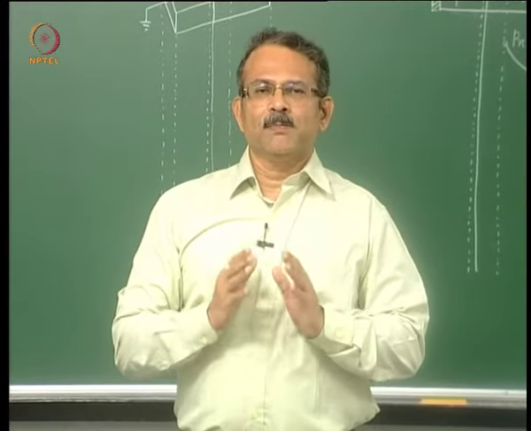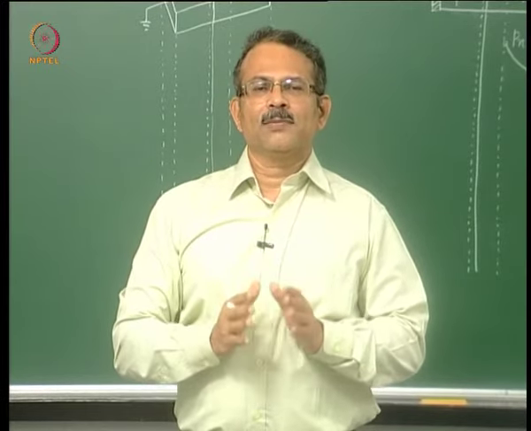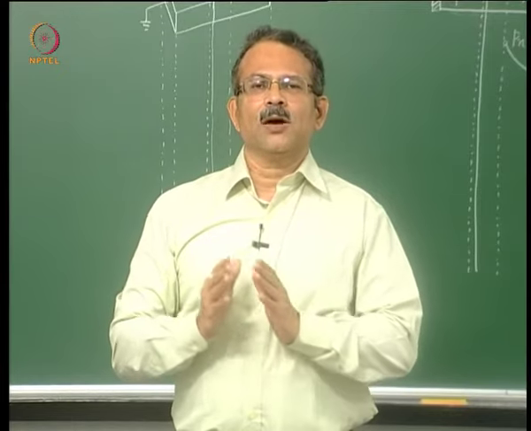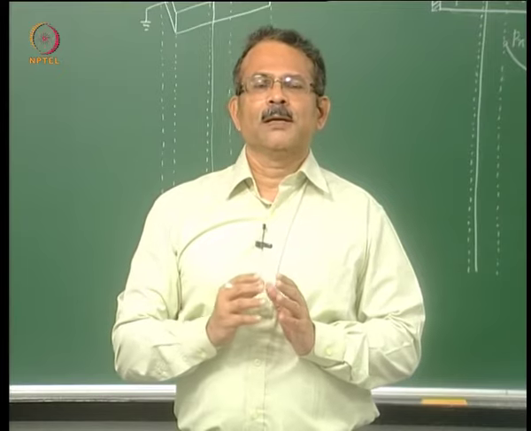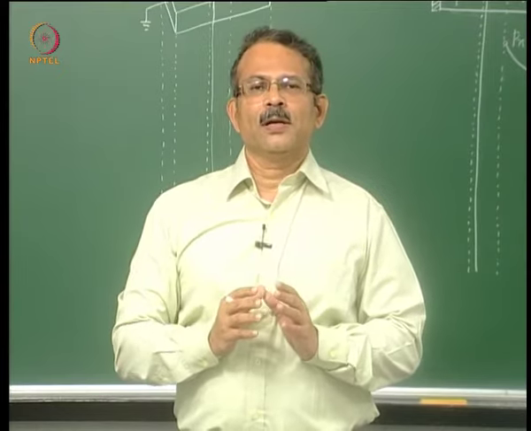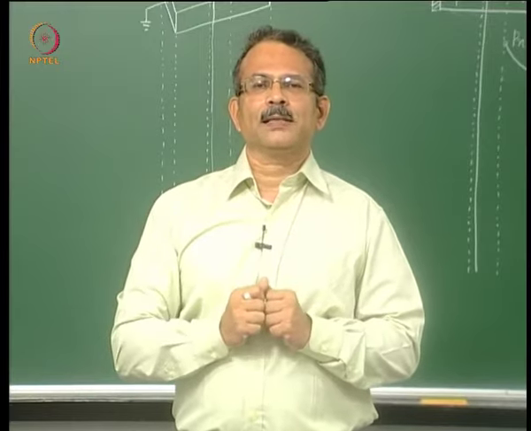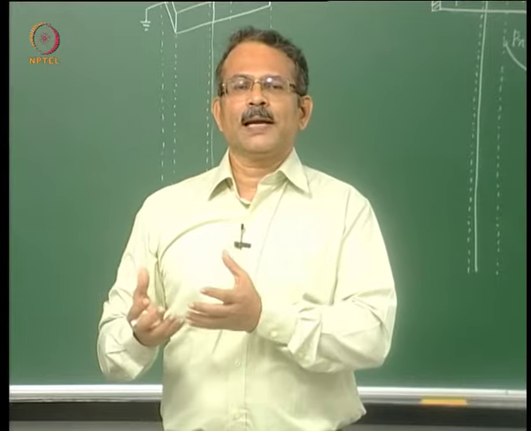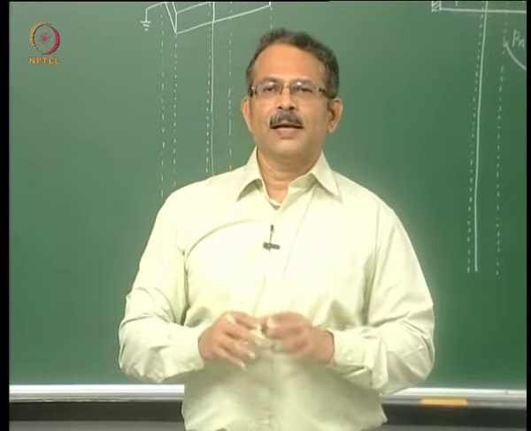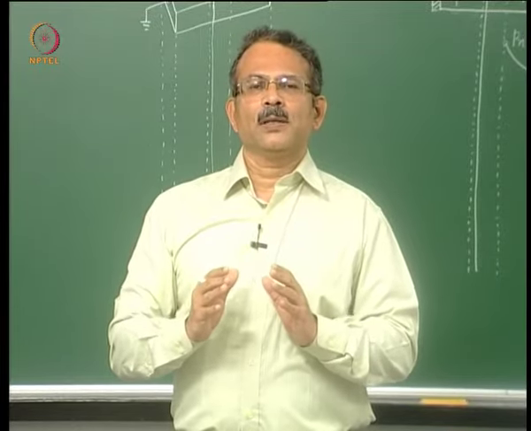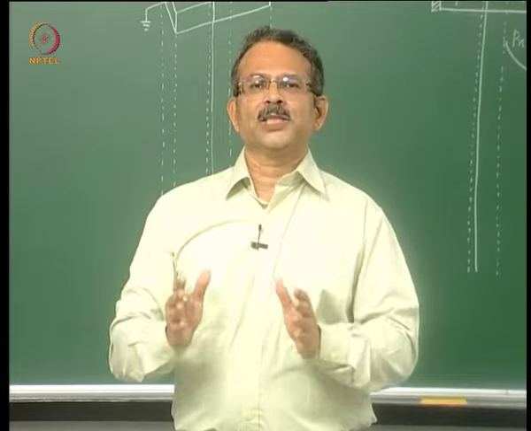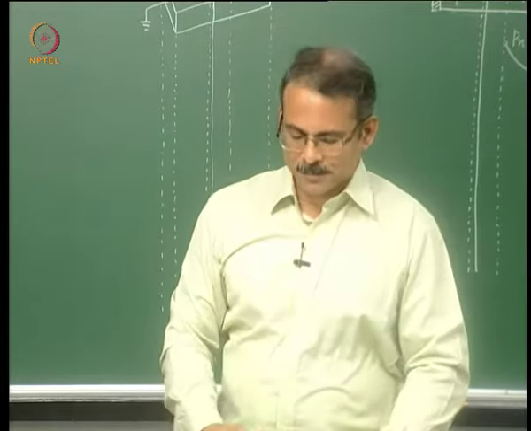This information is important to get an idea of the relative widths of the space charge layer on the two sides. If you know the direction of charge transfer, then you can figure out which side will be depleted of mobile carriers and in which side the mobile carrier concentration will be enhanced, and this information gives you ideas about the relative widths of the space charge region on either side of the junction.